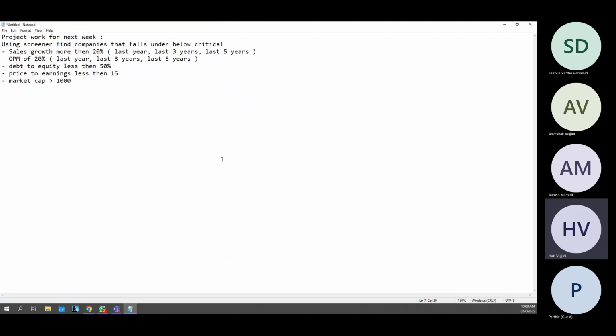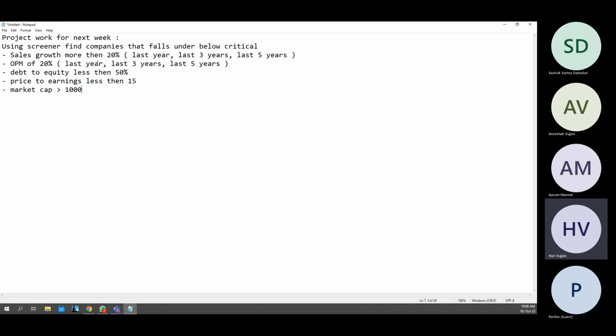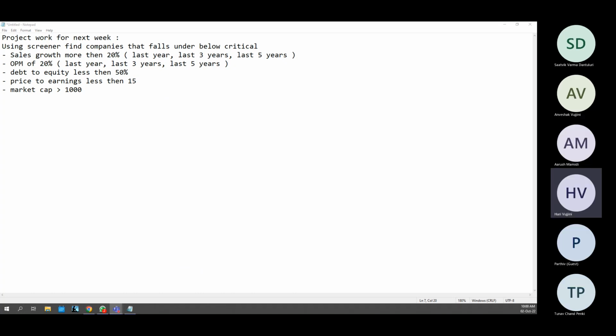I asked if you can find companies with the below criteria using the screener website, right? Did anybody try it for fun, or does anybody want to share?